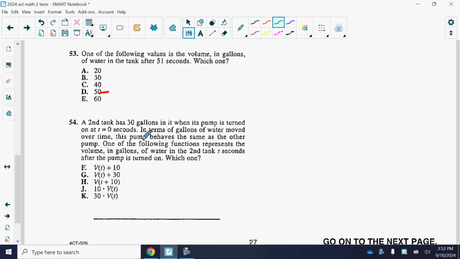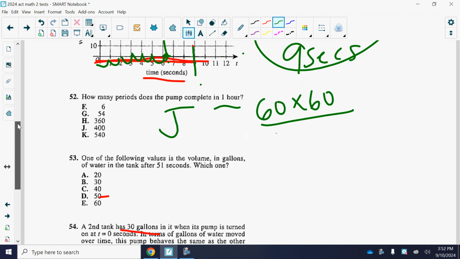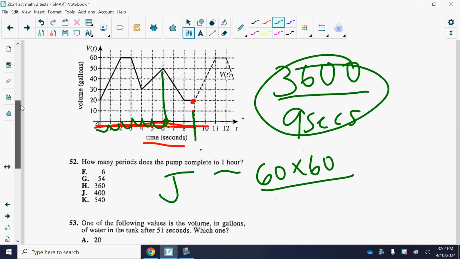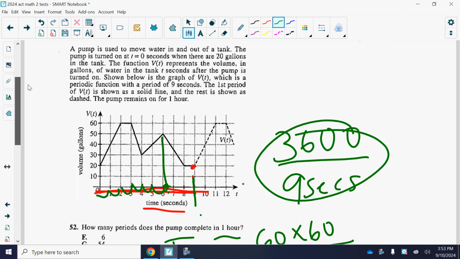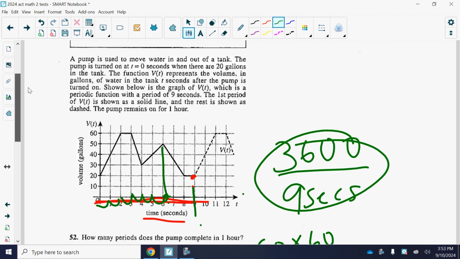It starts with 30 gallons in it. So all it is, to me, is what? Let's see. Why am I not getting F? So the first one starts with 20 gallons.